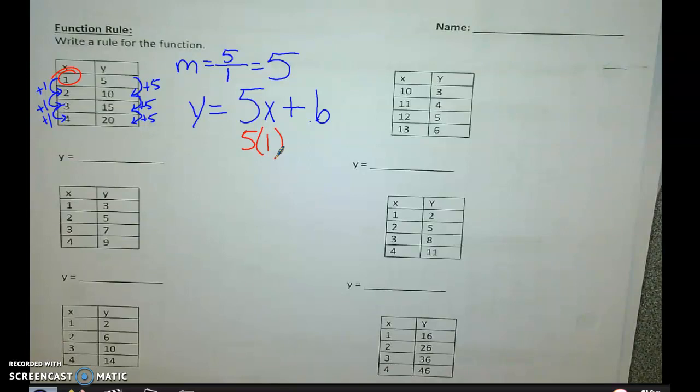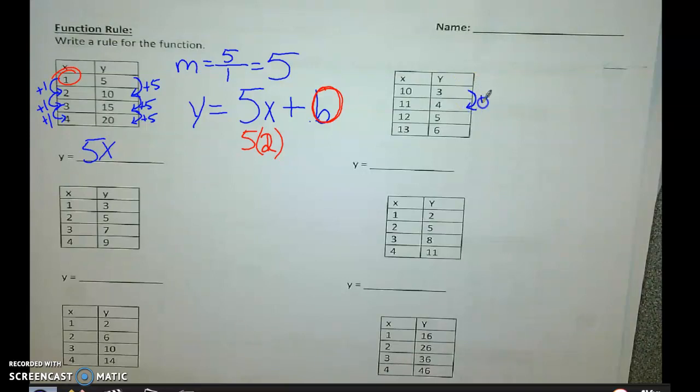Trying another one, 5 times 2 is 10. So b is really 0, so we don't need it. So y equals 5x is the function rule. That is the equation.